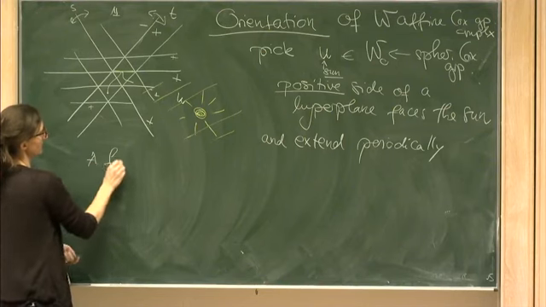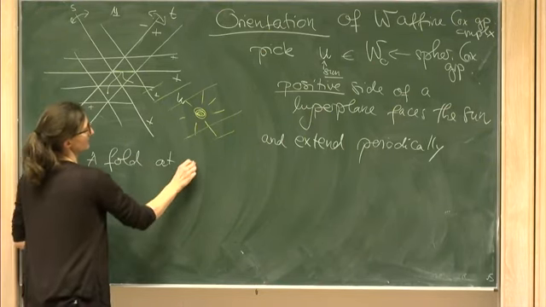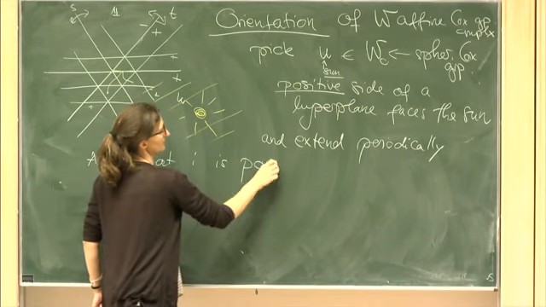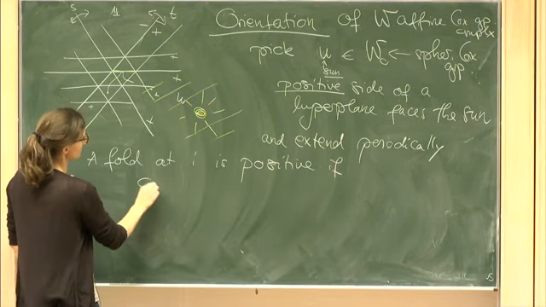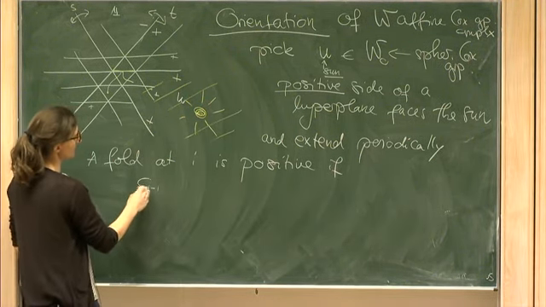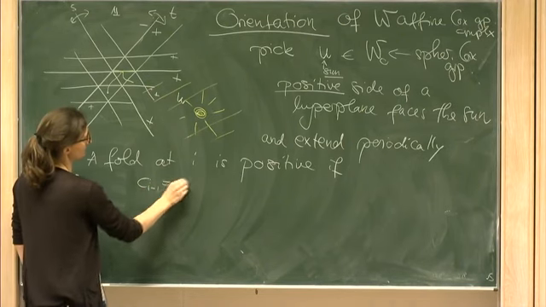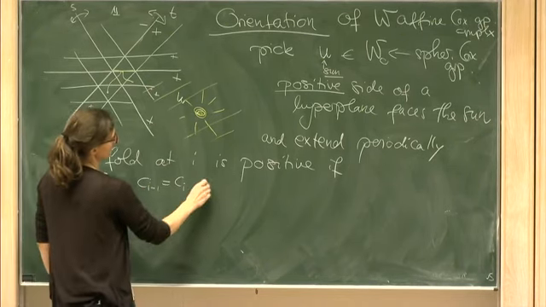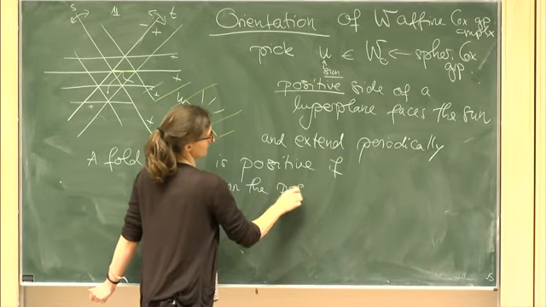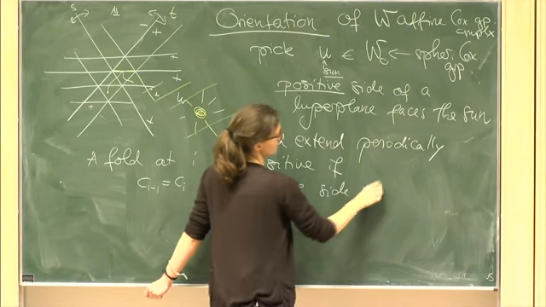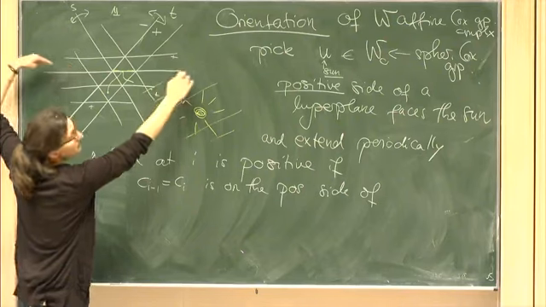So a fold at i is positive if the repeated chamber, so C_{i-1}, which is equal to C_i, is on the positive side of the hyperplane you're folding at.